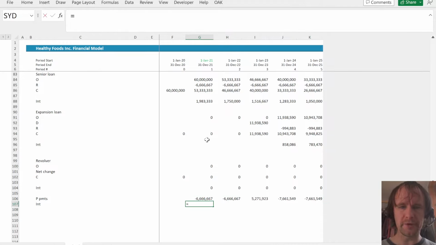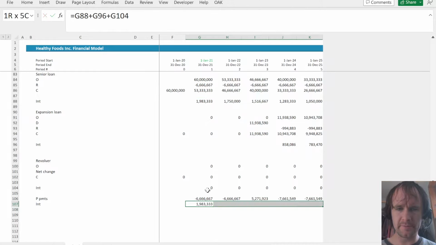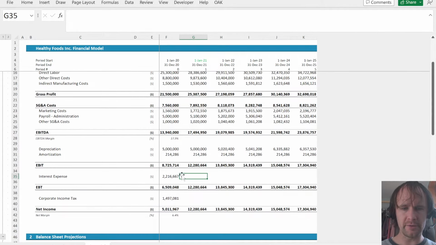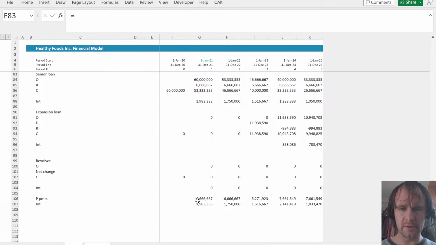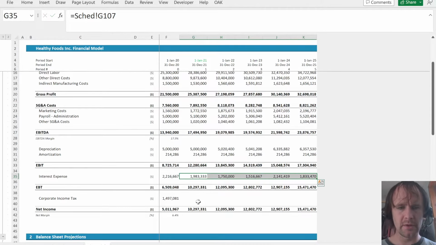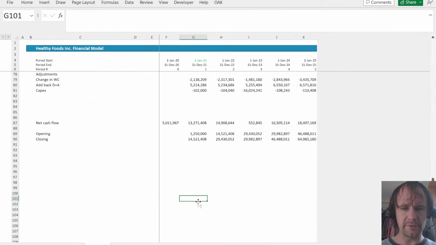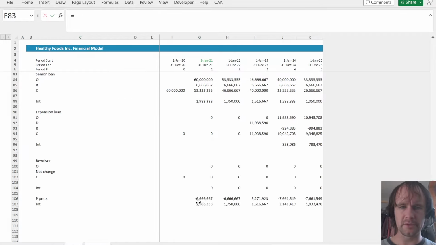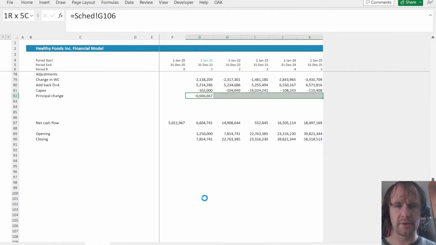And then my total interest is going to be this interest plus this, yes, plus, it's not the right row yet, plus that. Okay, so then over here, I need to put in interest expense here. That is here. Tax I'll figure out later. And then down here, I need to put principal change. So in other words, accepting drawdowns and having trouble with payback.